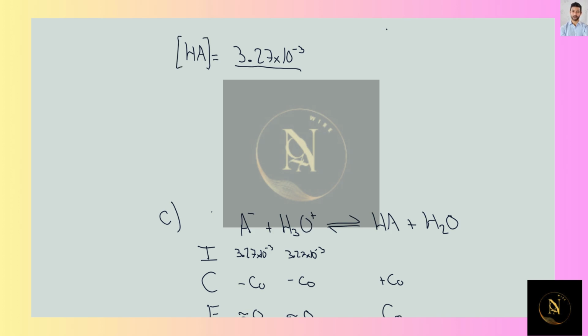We are told that we started with 25 milliliters plus the amount of HCl to achieve the equivalence point, that is 29.2, and of course multiplying this by 10 to the minus 3. With this, our concentration of HA at the equivalence point before we consider any dissociation is 0.06 molar. Okay?